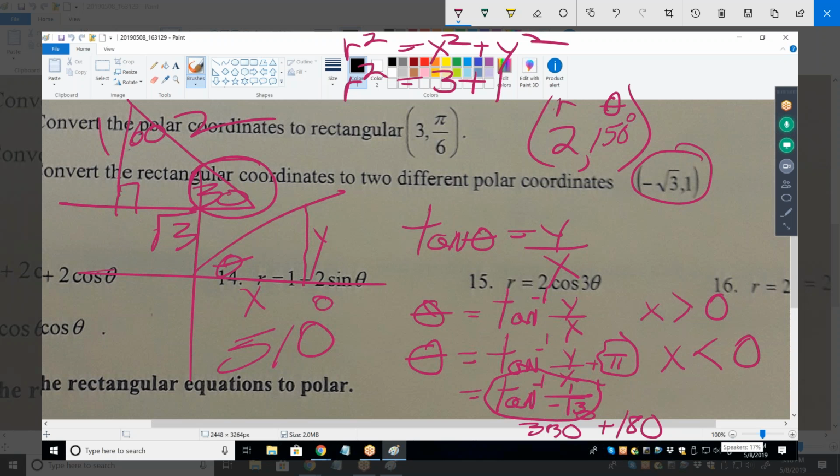Now, the reason this is strange is because usually you want to know whether that thing is positive or negative, but not in this particular case. When you're switching between polar and rectangular, it's the denominator that matters. In other words, it's only x. If x is negative, then we have to add 180 degrees to our answer. If x is not, then it's just equal to the inverse tan of y over x.